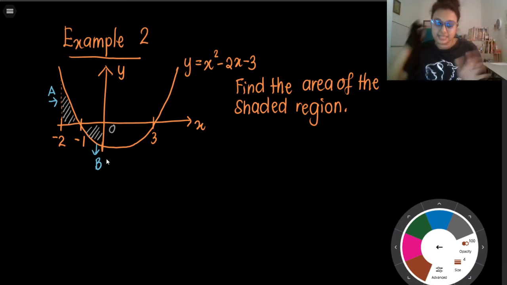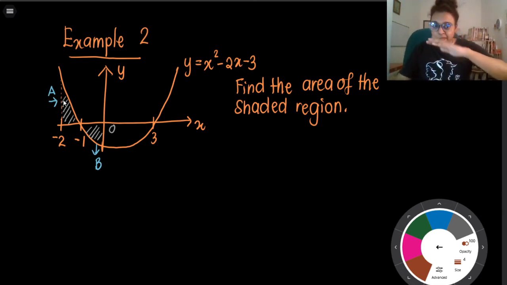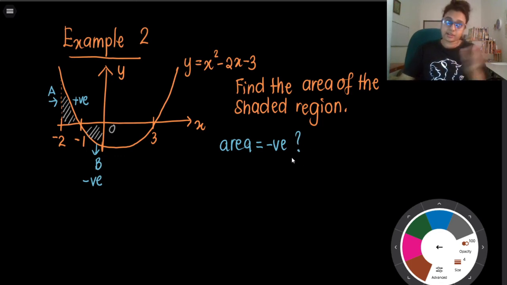Okay, why teacher is telling that? Why you cannot do straight away from -2 to 0? Because shaded region of A is above the x-axis. Above means here you will get positive value. Here you will get negative value. But remember, can area be negative or not? Area cannot be negative, like area of a square, -400.